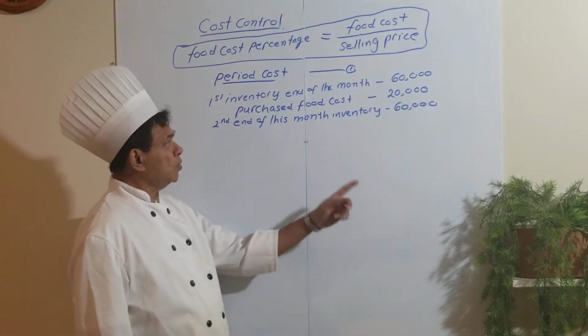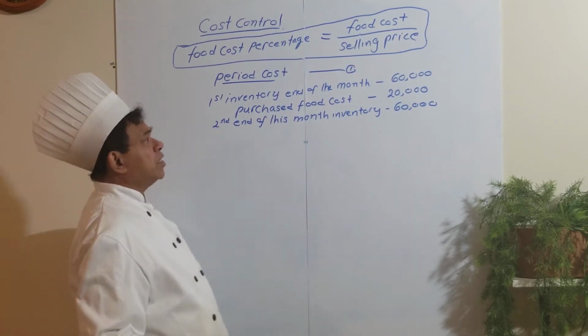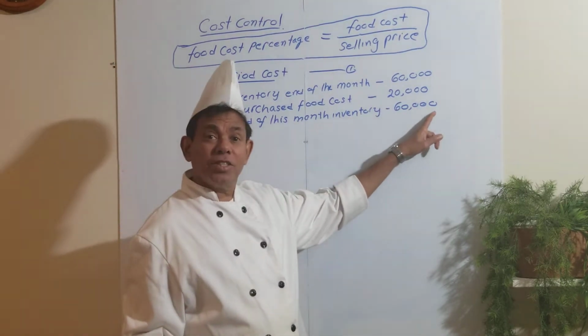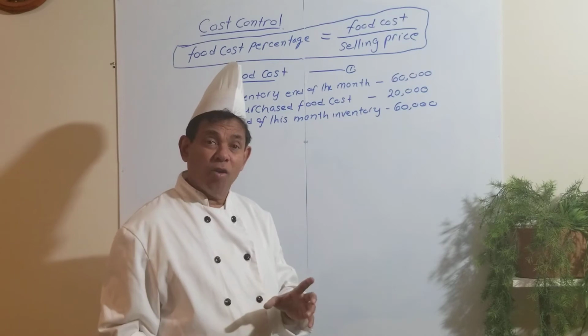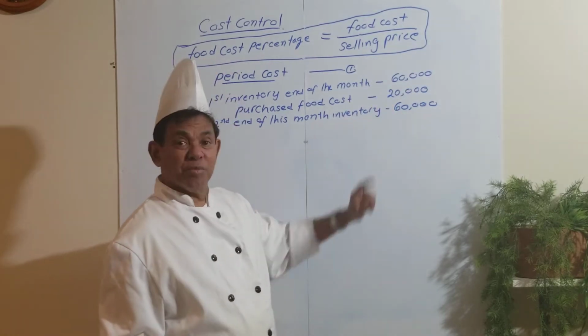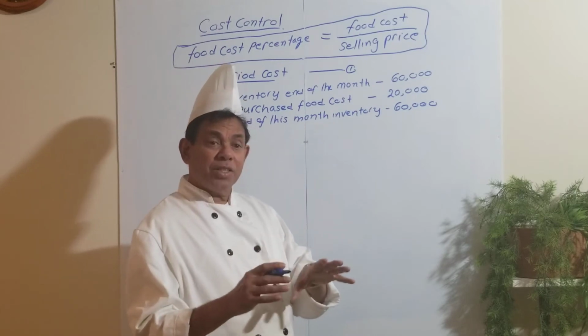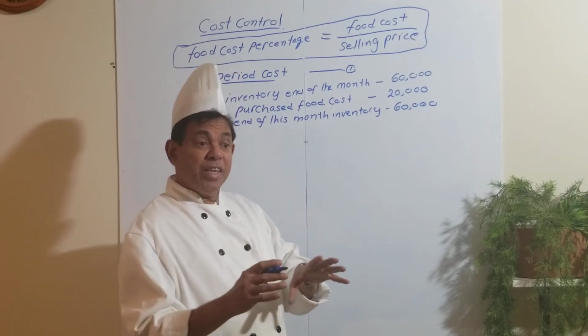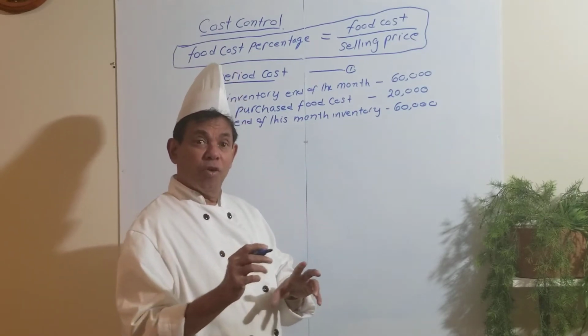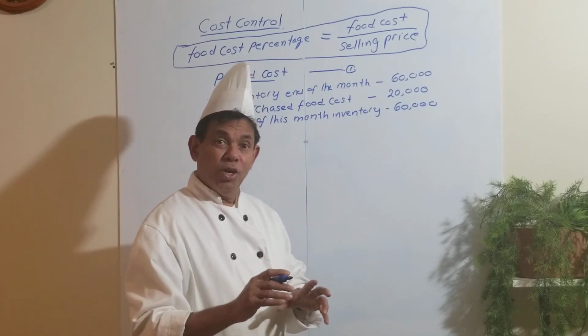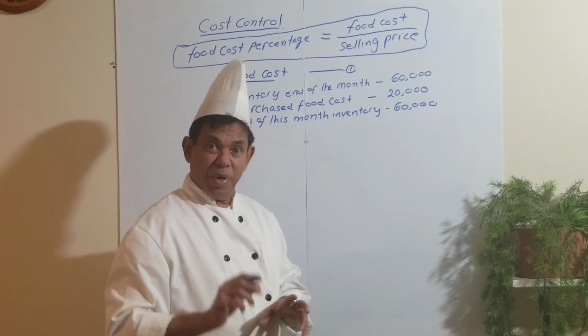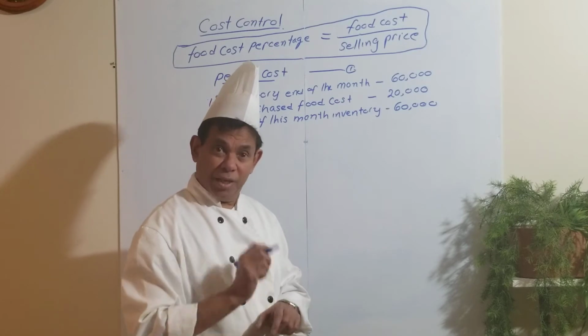Now, what is my food cost? I want to find out from these three figures how much I use from my storage for selling purposes. I want to know how much it costs.